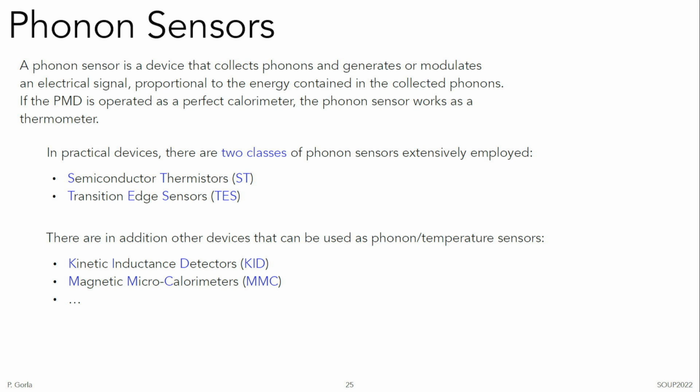In practical devices, there are a couple of sensors that are really extensively employed, and these are semiconductor thermistors and transition edge sensors. There are nowadays a lot of other technologies that have been developed. I think the most used is this KID technology, kinetic inductance detectors.